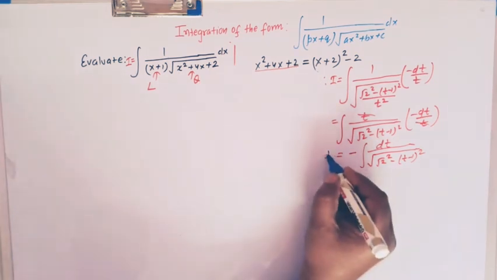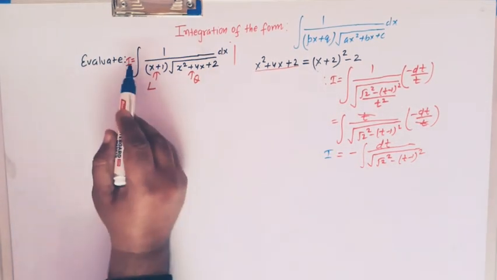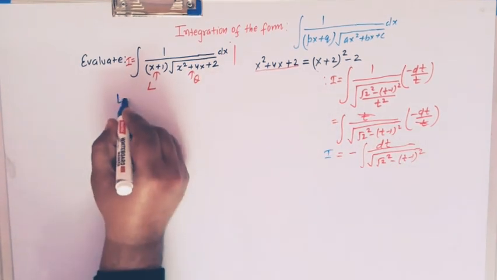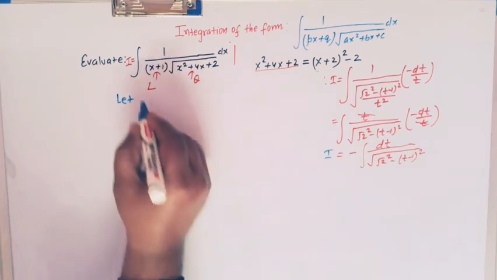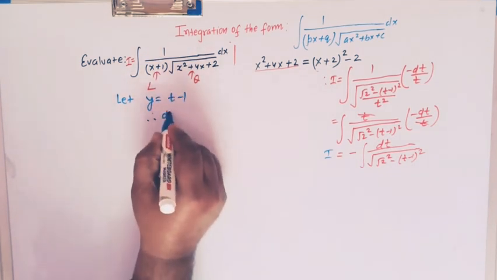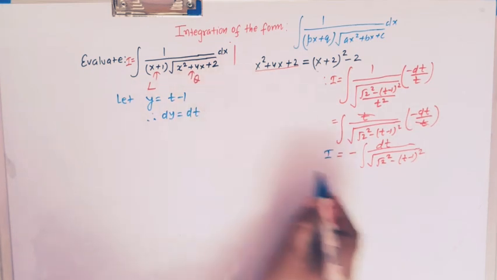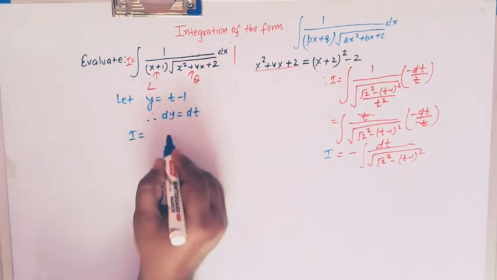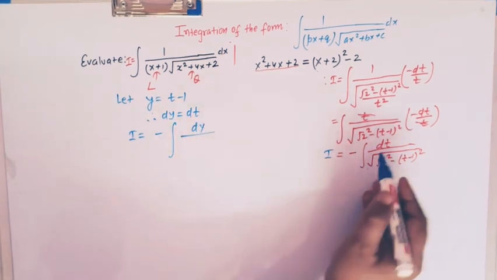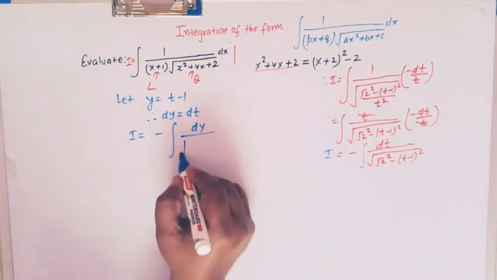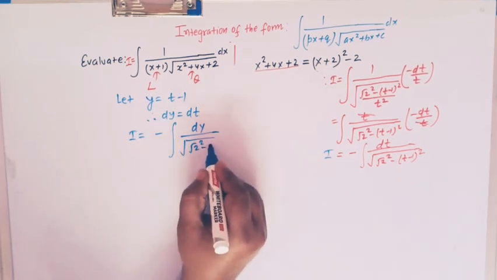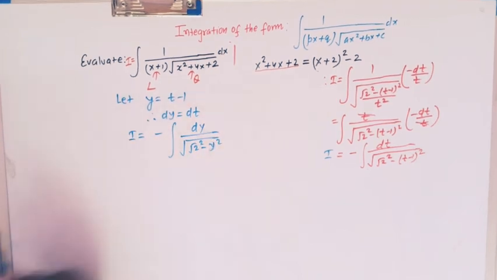So now viewers, we have reduced this integral to this form, and now let us again substitute y is equal to t minus 1, so therefore dy is equal to dt, and I becomes negative of dy over square root of root 2 square minus y square, right?